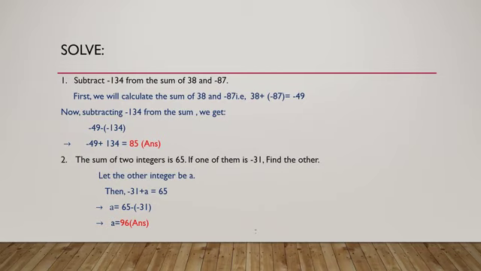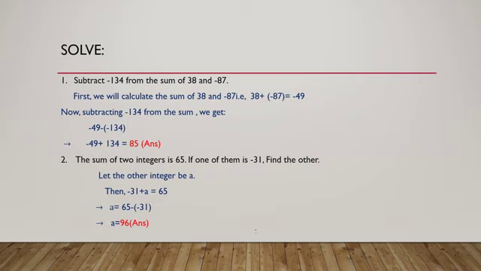Now in this slide, let us solve a few questions. The first question is: subtract minus 134 from the sum of 38 and minus 87. From the sum of 38 and minus 87, we have to subtract the number minus 134. Your first step is to calculate the sum of 38 and minus 87, that is minus 49, because plus minus, if you remove the bracket, becomes 38 minus 87.